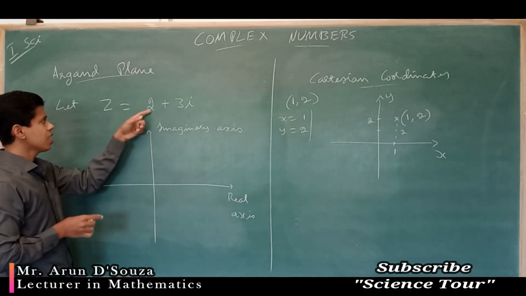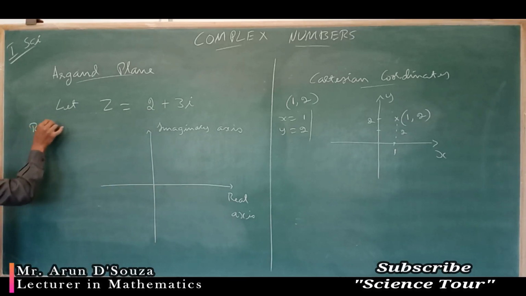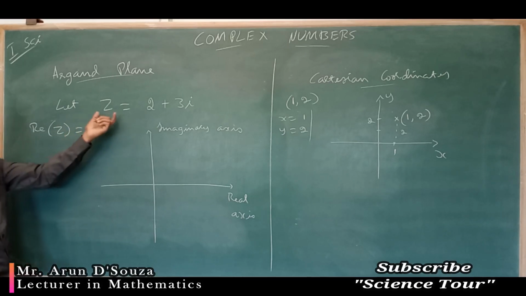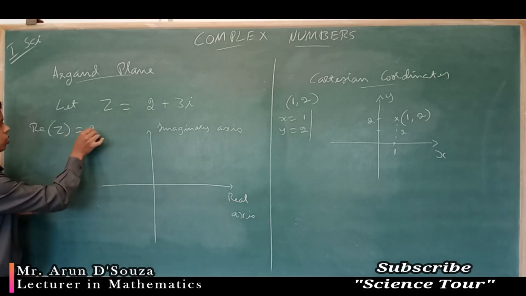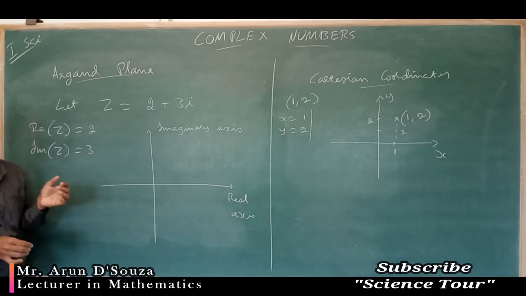Now on the real axis you plot the real number. So what is the real part of z? So real part of z is 2 and the imaginary part of z is 3.